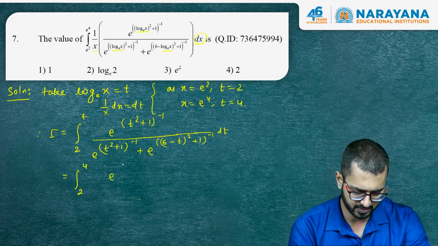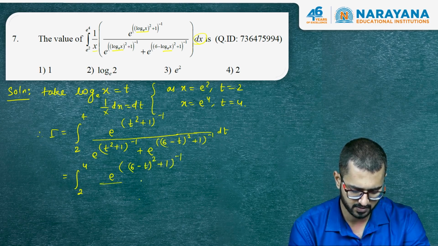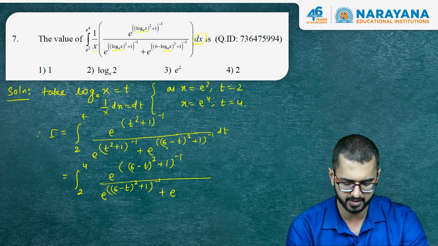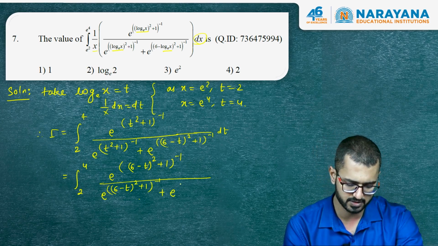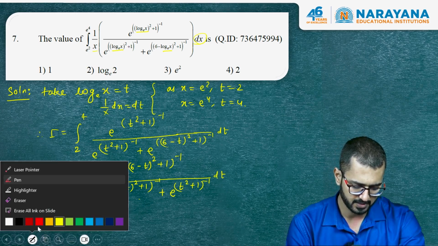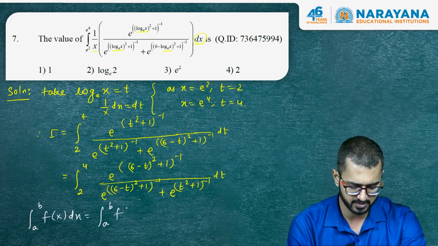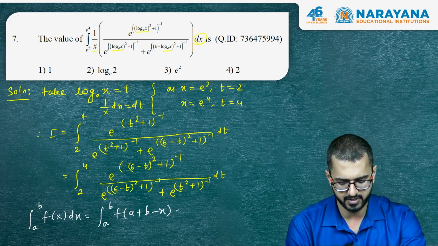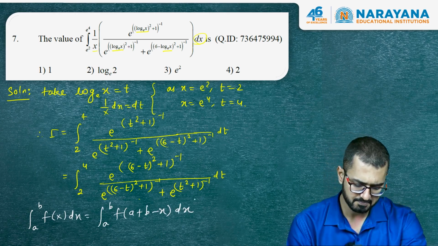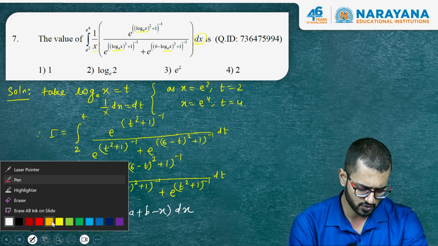We can write 6 minus t in place of t, giving e to the power ((6 minus t) the whole square plus 1) the whole inverse over e to the power ((6 minus t) the whole square plus 1) the whole inverse plus e to the power (t square plus 1) the whole inverse, dt. The property that we have applied is integral a to b f of x dx is the same as integral a to b f of a plus b minus x. So this also equals my I itself.